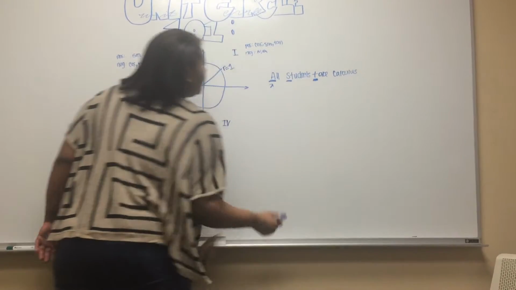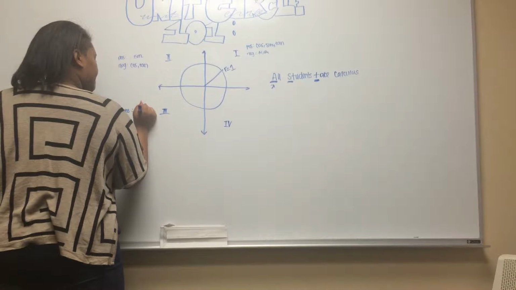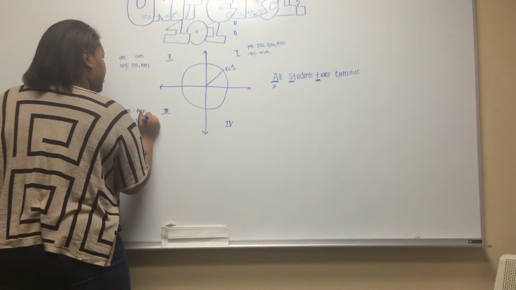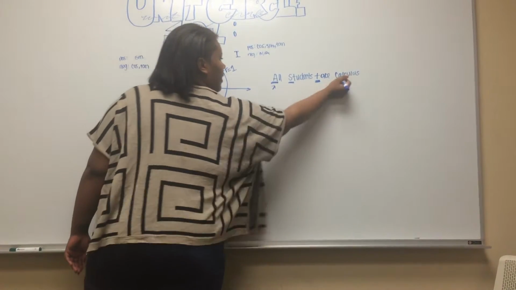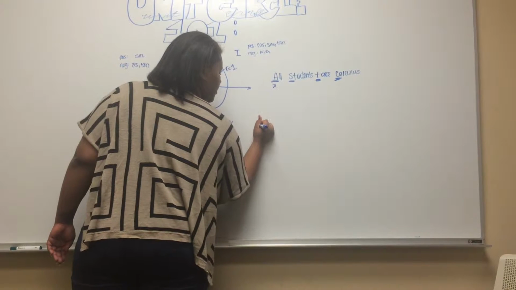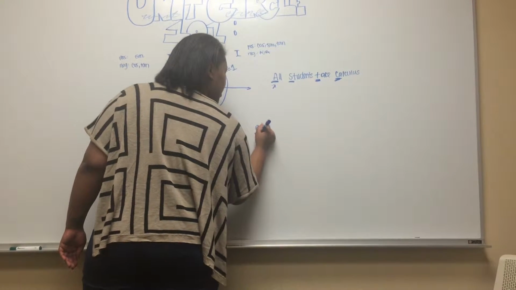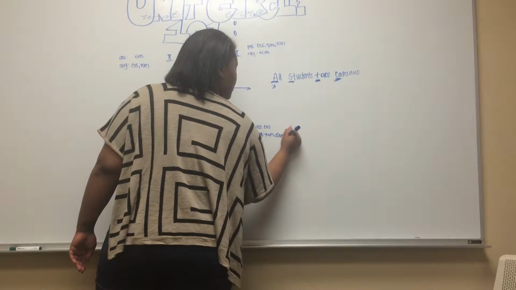For the third quadrant, tangent is the only positive one. And the negative is sine and cosine. And for the fourth quadrant, which is C, the only positive one is cosine, and negative is tangent and sine.